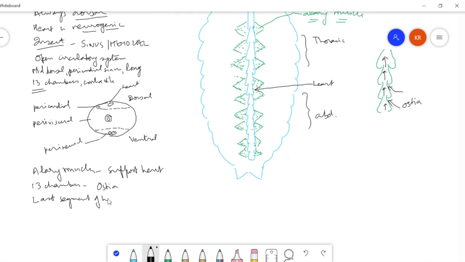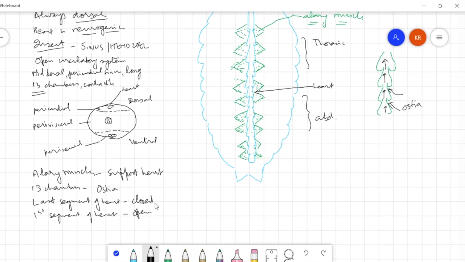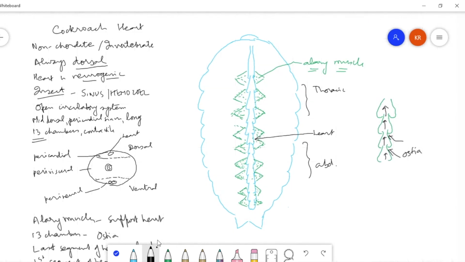Okay, the last segment of heart or last chamber of heart is closed. First segment of heart or first chamber of heart is open. You can see over here in this diagram that here we have shown that the heart is open over here, and in this case the heart is closed over here.